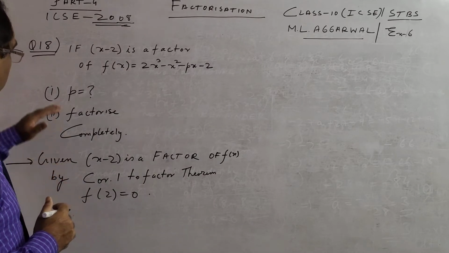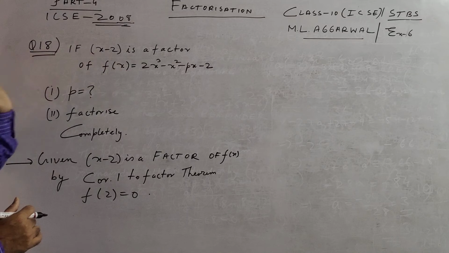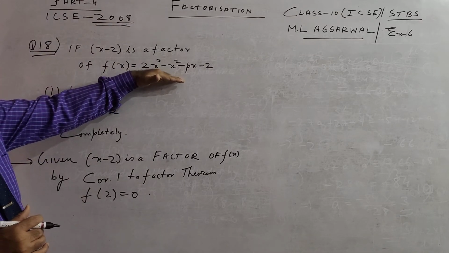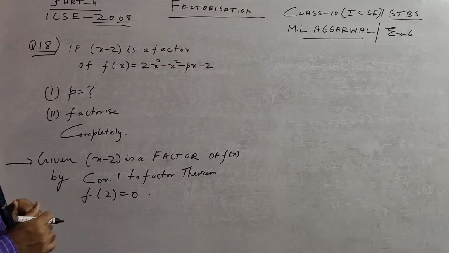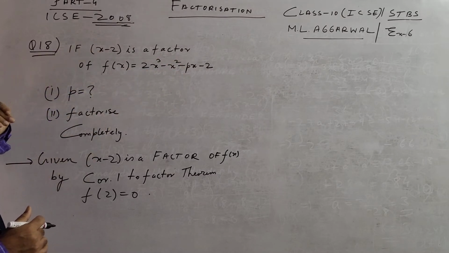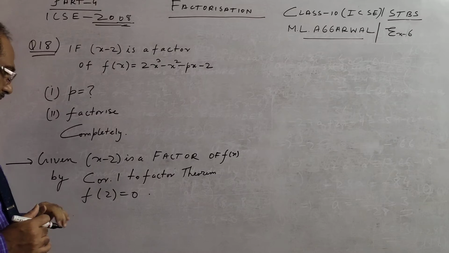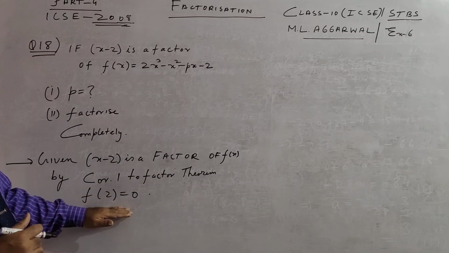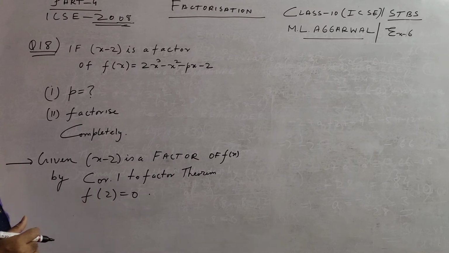Now, in this particular question, x minus 2 is a factor. So first here, we have to get p with the help of that. We know this is a factor. So when x minus 2 is a factor, by corollary 1 to factor theorem, f(2) will be 0.